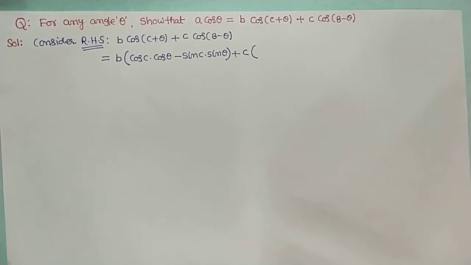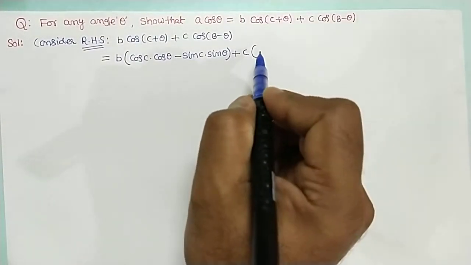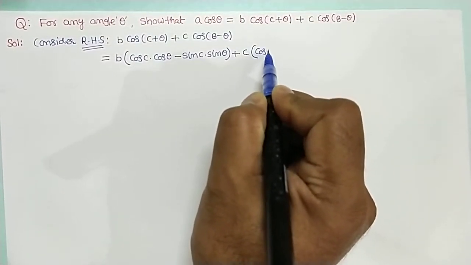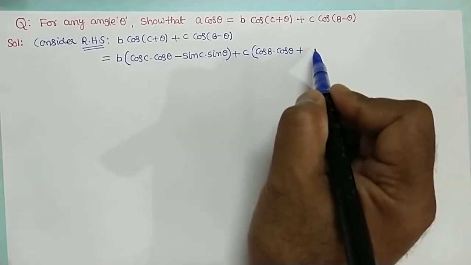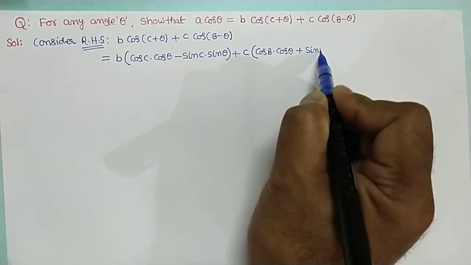So cos of (A minus B) is cos A cos B plus sin A sin B. So by using a similar formula, cos B into cos theta plus sin B into sin theta.